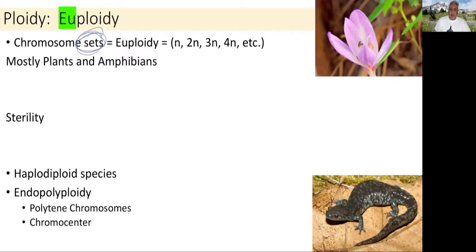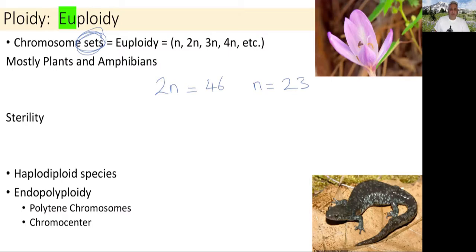So let's look at the human case. So with higher animals, mammals for instance, we find that we're mostly diploid. So we have 2N. That means for humans, we have 46 chromosomes in somatic cells. Therefore, N would be 23. And we find N in gametes, okay, sperm and egg.